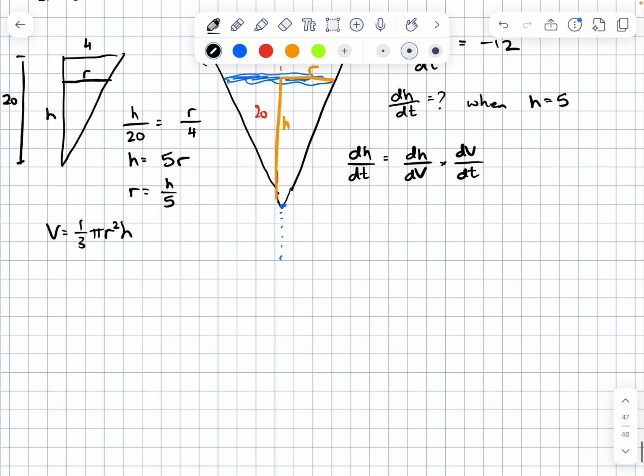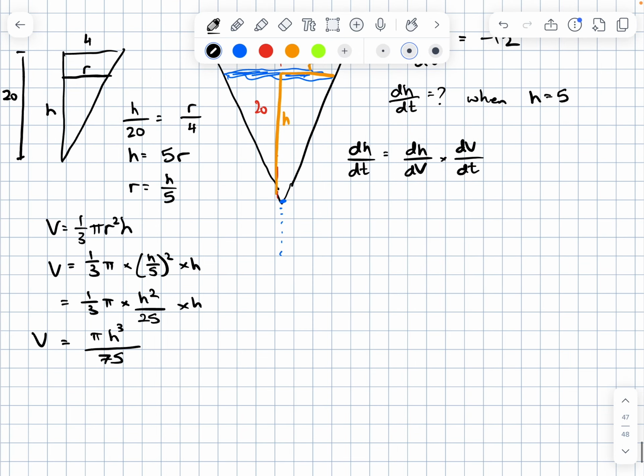Substituting that into our volume equation, we get v equals 1/3 pi times r squared, that's h over 5 squared, times height, which expands to 1/3 pi times h squared over 25 times h, or pi h to the power 3 over 3 times 25, which is 75. That is our volume equation.